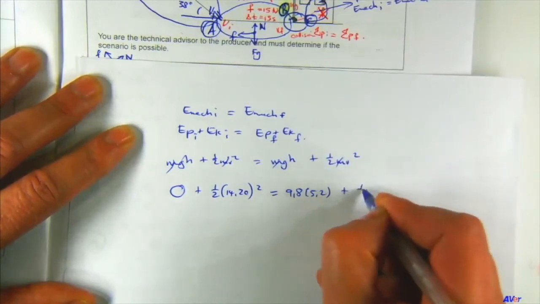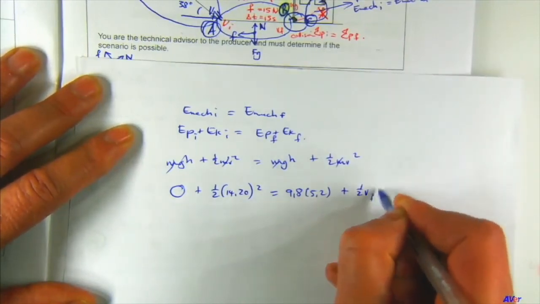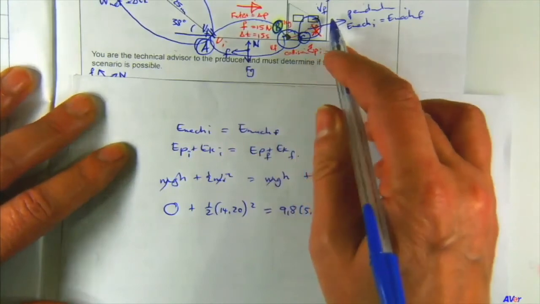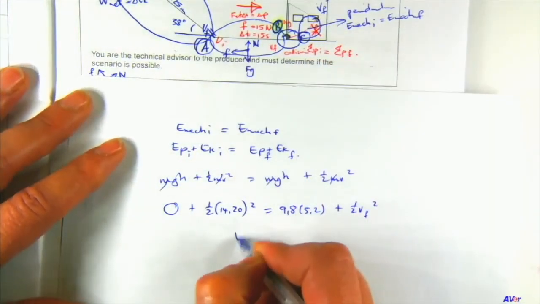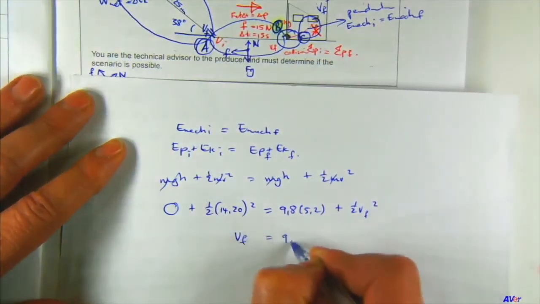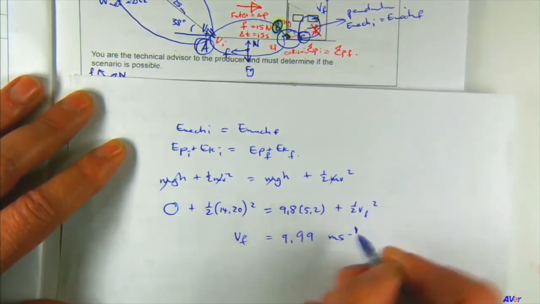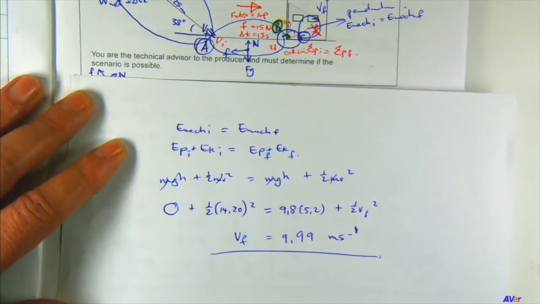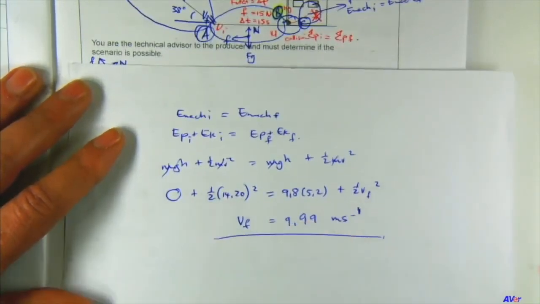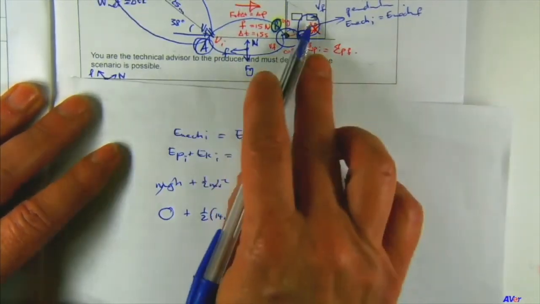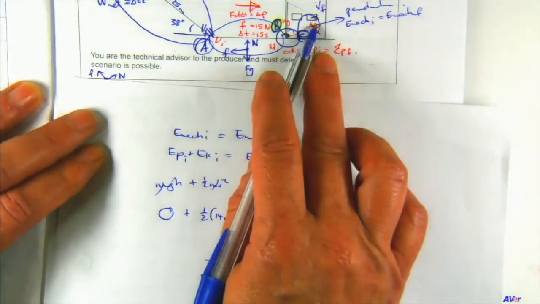And now I want that final velocity at the end of the swing. If you calculated that, it would have been more or less 9,99 meters per second. Remember, it might be a little bit different if you rounded off along the way or didn't round off along the way. Right. More or less 9,99. So that is the velocity of James Bond and the parcel up there.